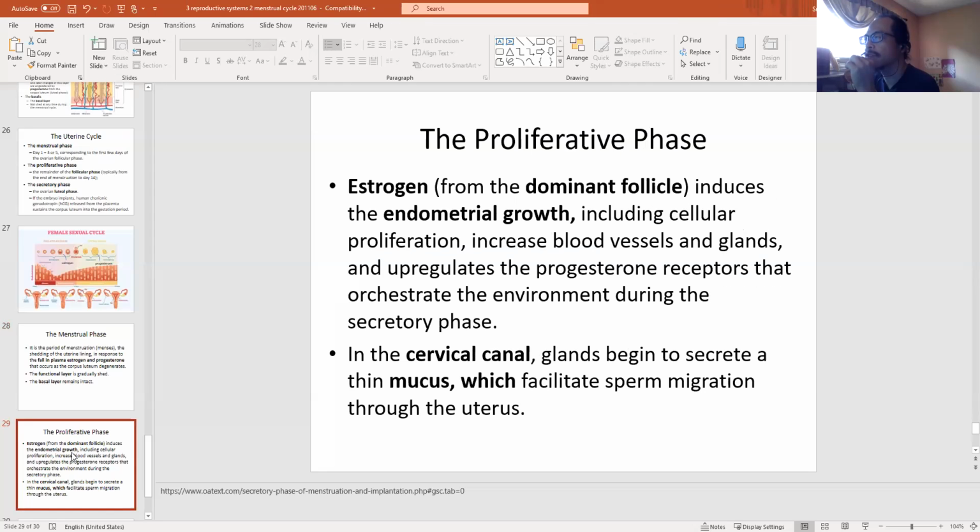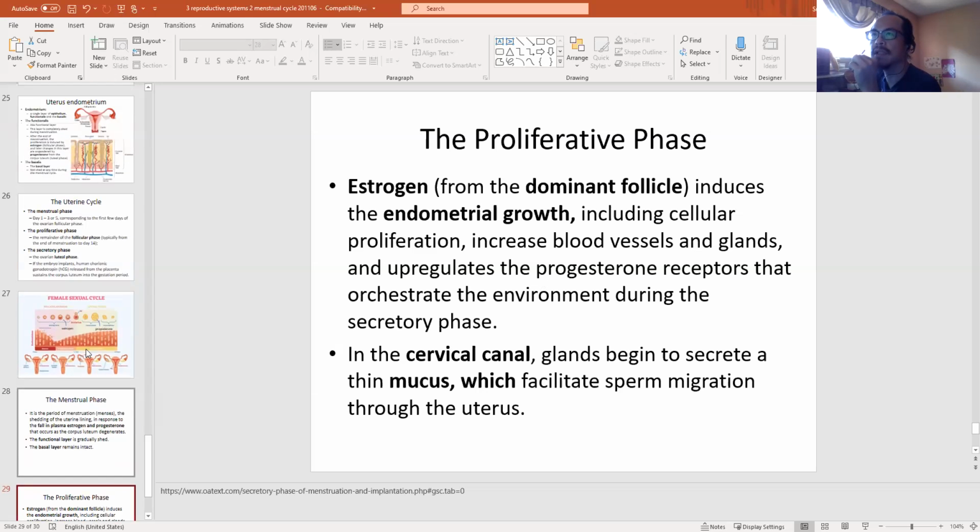The proliferative phase is induced by the estrogen produced from the follicles, causing the endometrium to grow, including the vascularization and the glands in this region.